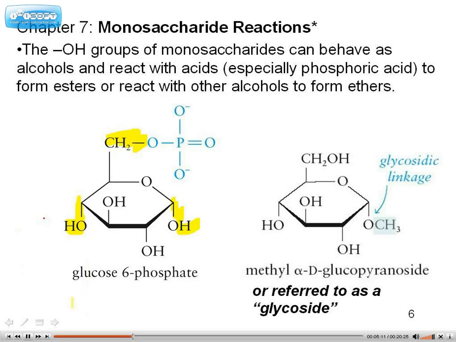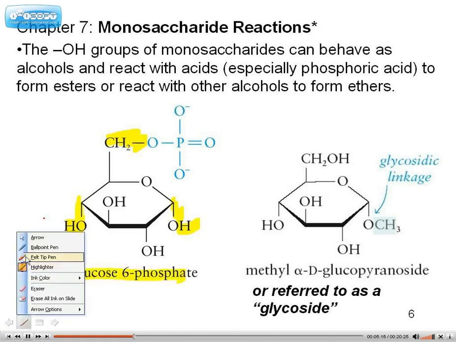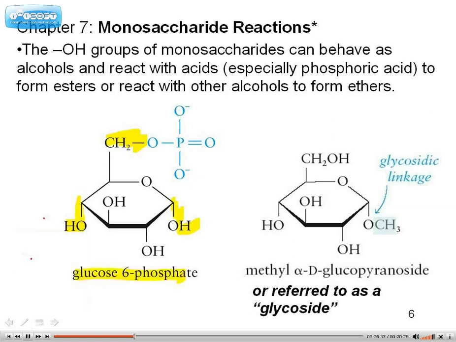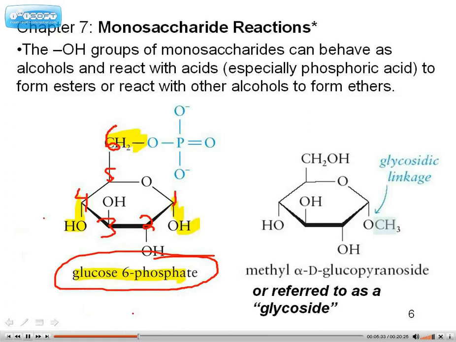In this case, this forms a glucose 6-phosphate. Now, this is how they came up with the name. They numbered from the anomeric carbon, carbon 1, 2, 3, 4, 5, and then they went up to carbon 6. And because there's a new phosphate group attached to it, then it's called glucose 6-phosphate. Again, this is something you have to memorize.